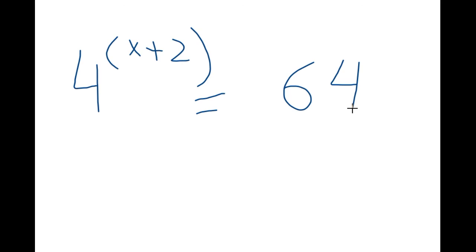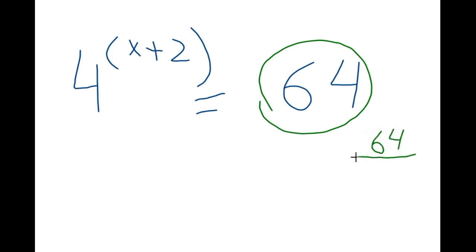Now again, 64 has to be factorized. Here we can use prime factorization. We can use 2, but in this case we can also use 4 to make it easier, because we want to find 64 in terms of 4's power. That's why let's use 4 here.